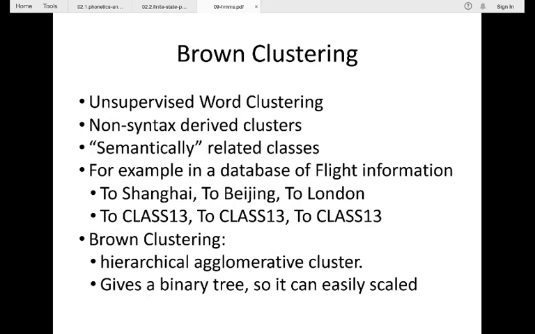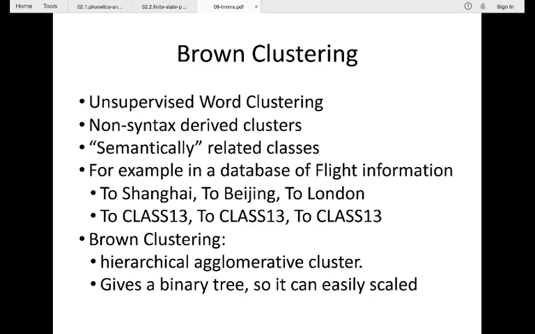So Brown clustering is one clustering technique that's used to do things sort of like this. It gives you more semantic than syntactic clusters, though. So Shanghai and Beijing and London are all likely to fall into the same class because they have very similar distributions.